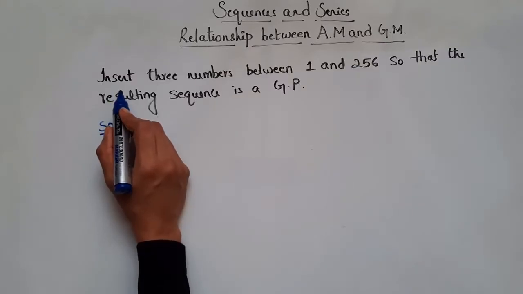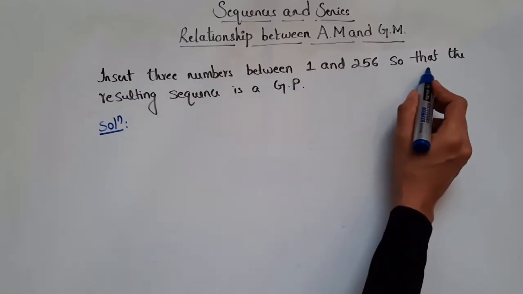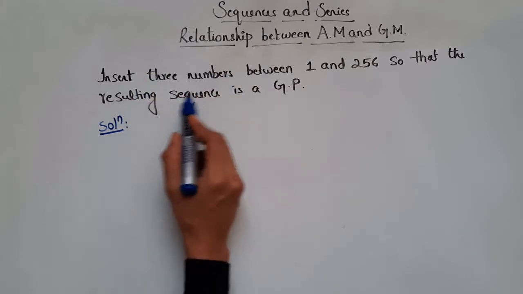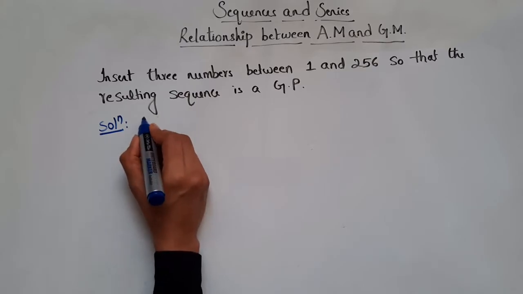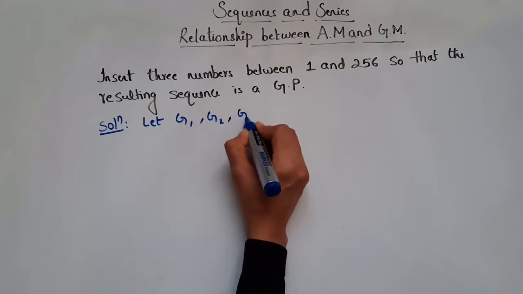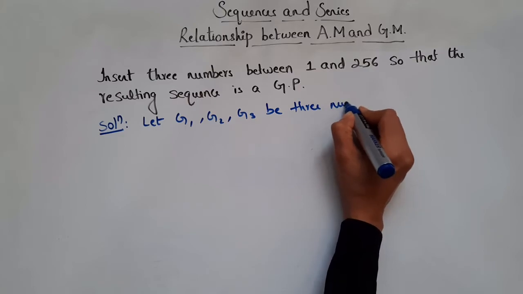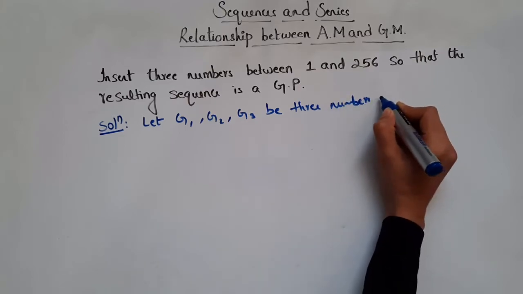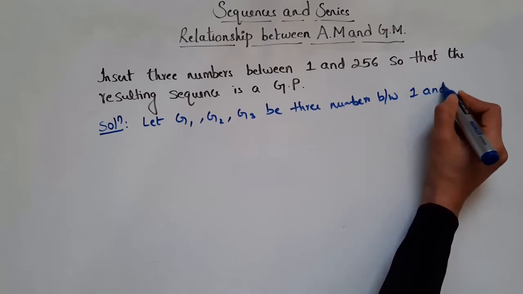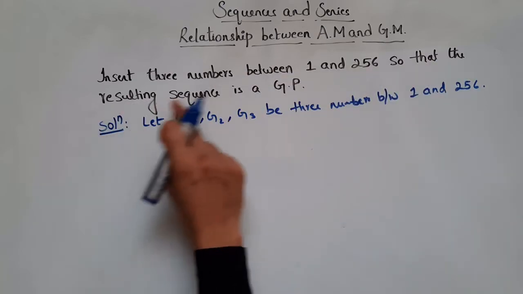Now let's move on to problems. So now let's see this problem. Here it says insert three numbers between 1 and 256 so that the resulting sequence is a GP. So let's take those three numbers as G1, G2 and G3. Let G1, G2 and G3 be three numbers between 1 and 256 so that the resulting sequence is a GP.